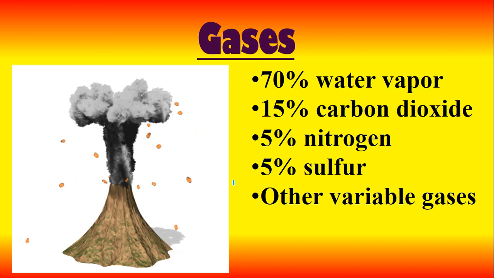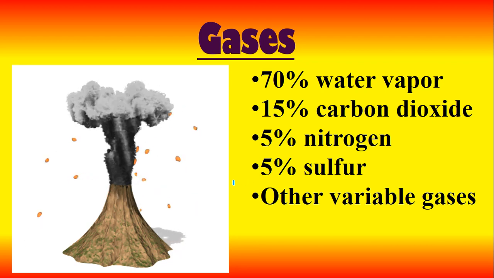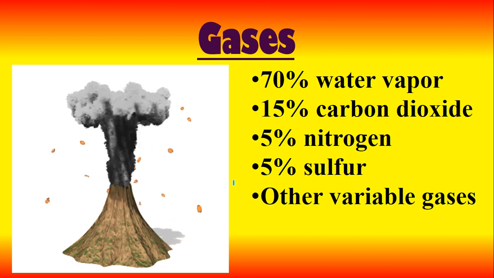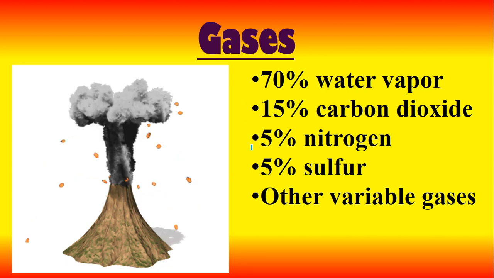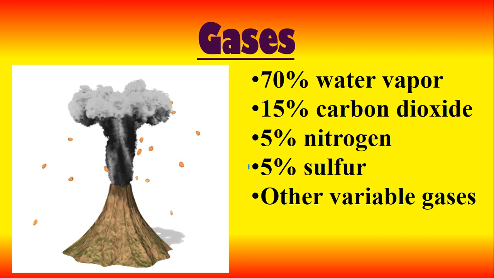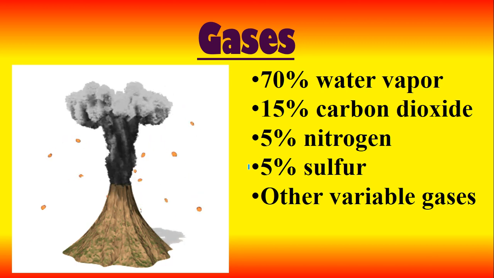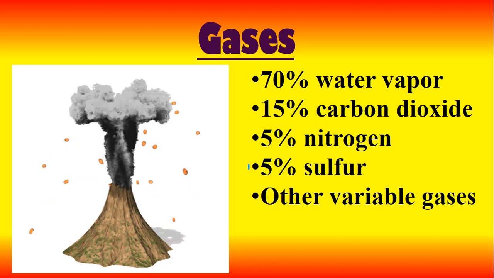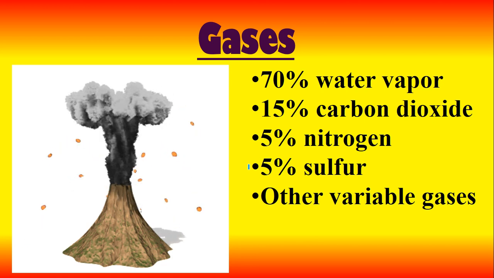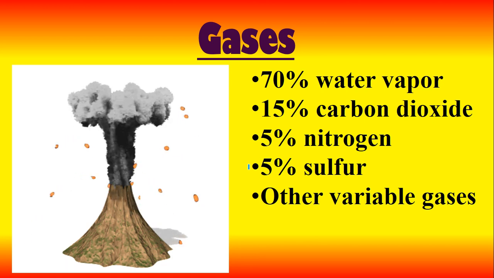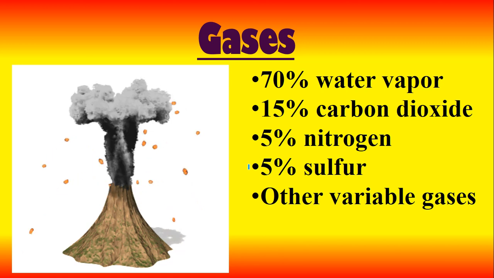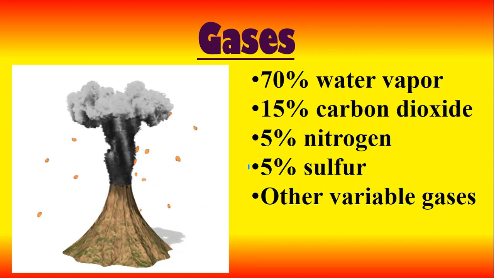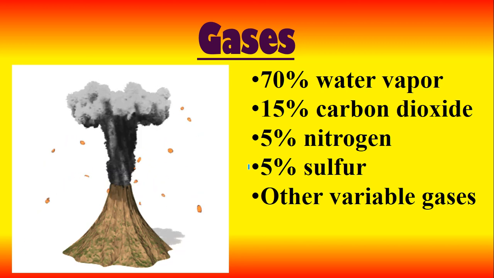Some of these gases do seep out ahead of time. Some of the sulfur can seep out of a side vent, and if that side vent is near a water body, it can turn that water body into an acid lake. If you jumped in, you would be dissolved. So gases do play a factor before, during, and after an eruption.